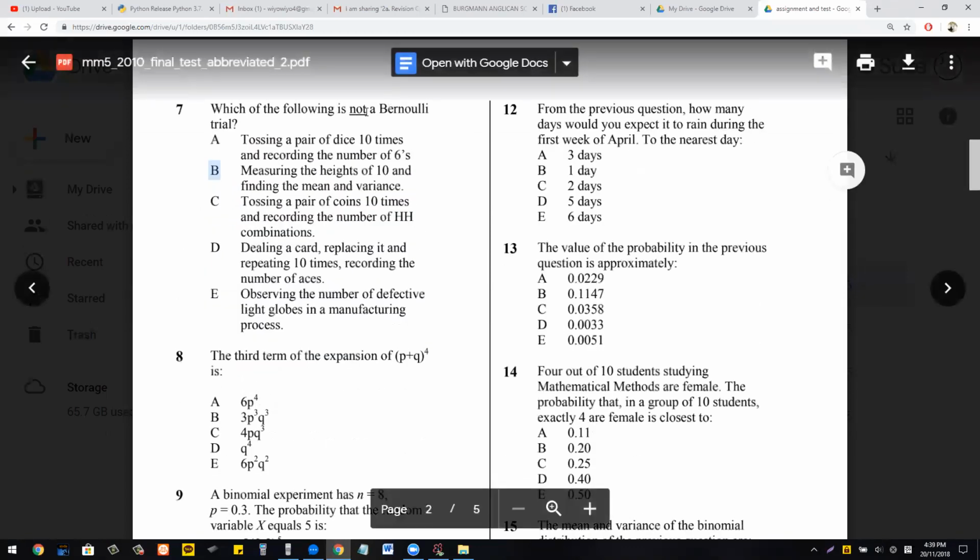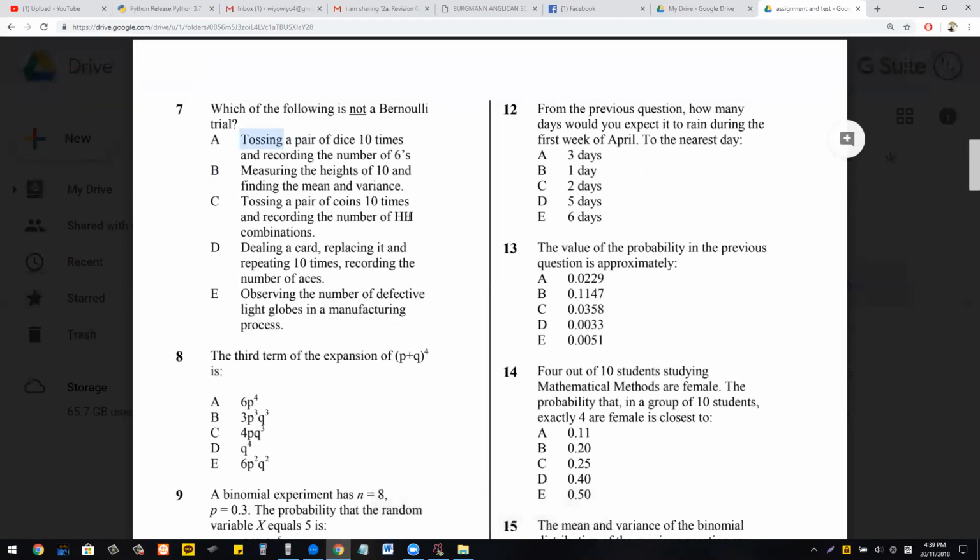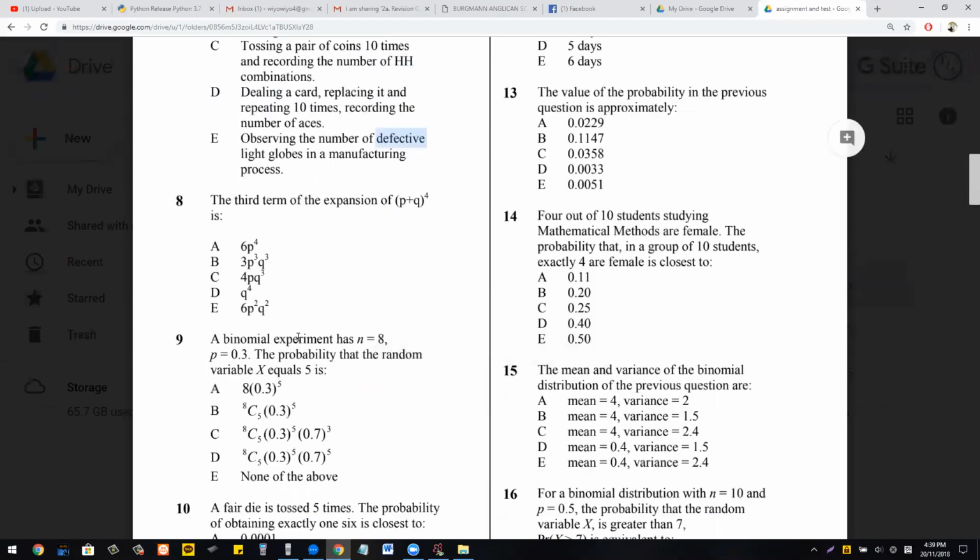Everything else must be either a success or failure, right? So tossing coin, that's head or tail. Tossing coin, it's either head or not head. Dealing cards, replacing and repeating, recording the number of aces, so it's ace or not ace.